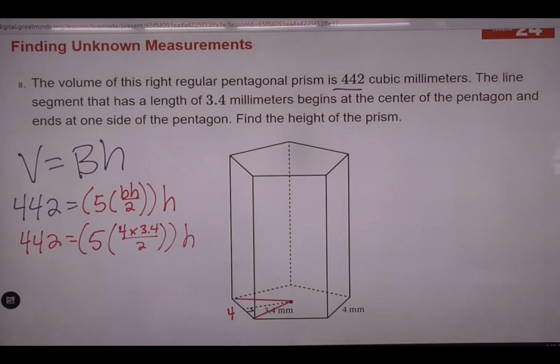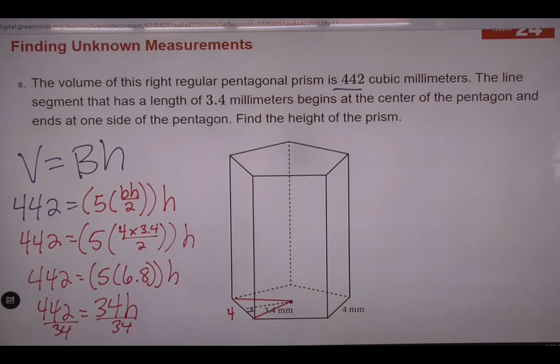So on my calculator, 4 times 3.4 divided by 2 is going to be 6.8. Multiply that times 5 is going to give me 34 times H. Divide both sides by 34. And that's going to give me that H is equal to 442 divided by 34, which is 13. So the height of this thing is 13.